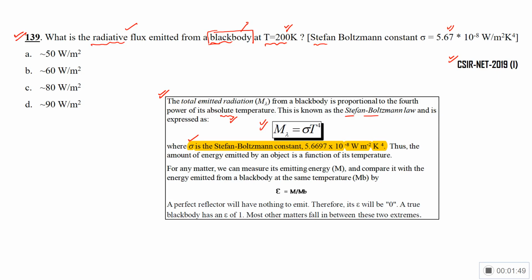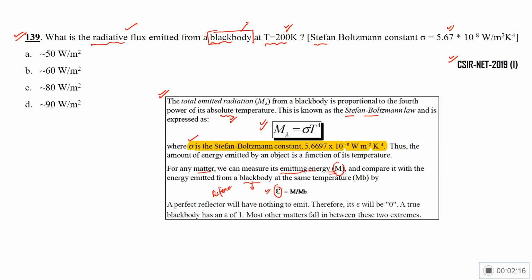Now you can see that a parameter like emissivity is used with reference to the black body. For any matter we can measure the emitted energy, and we can compare it with the energy emitted from a black body. So this black body is considered as the reference.